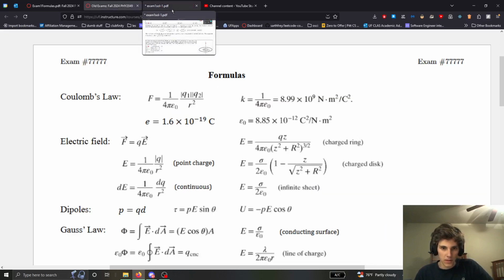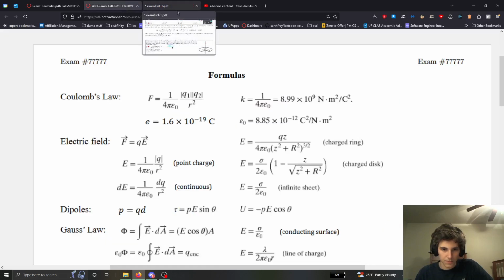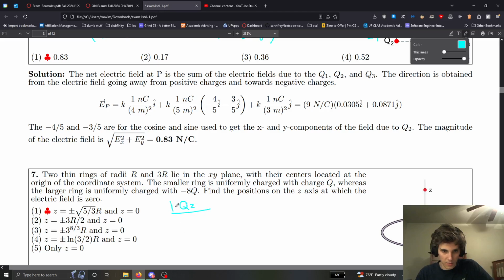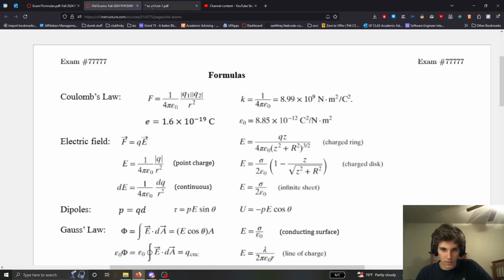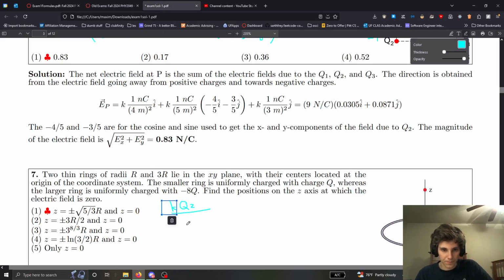Simply speaking, when you apply this formula, we can just say KQZ over Z squared plus R squared to the 3/2.